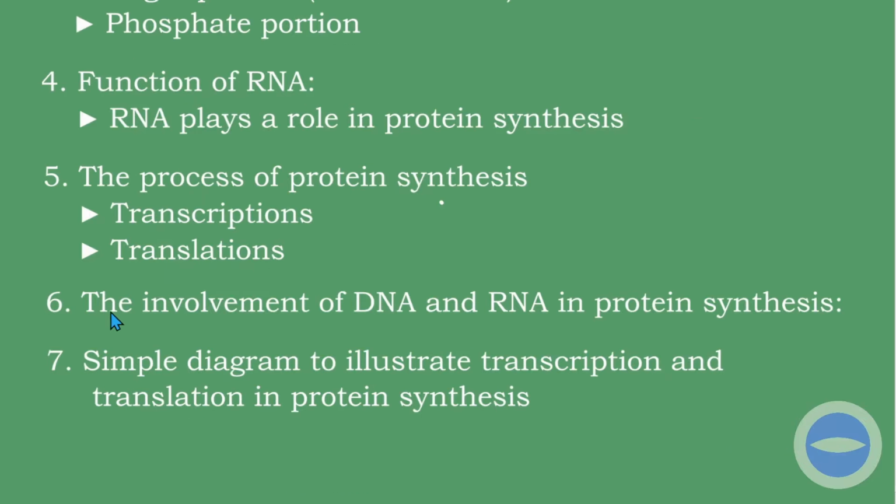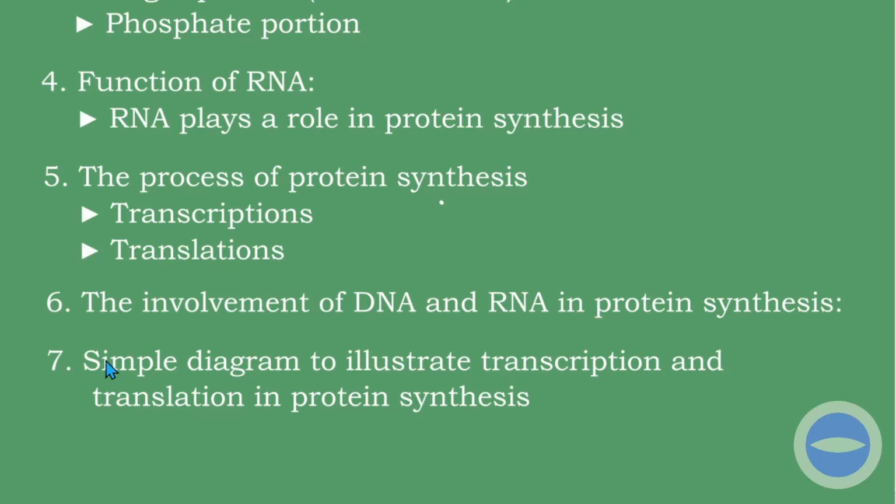Number 6, you must note the involvement of DNA and RNA in protein synthesis. So you must know what DNA and RNA are doing to produce protein. What happens is RNA takes the information from the DNA, then moves out of the nucleus. A specific protein is formed with the information from the DNA.